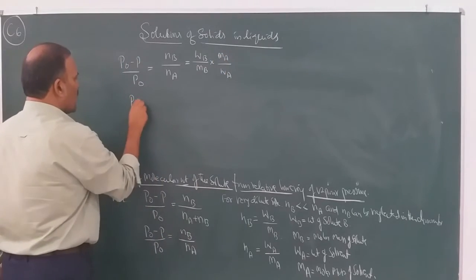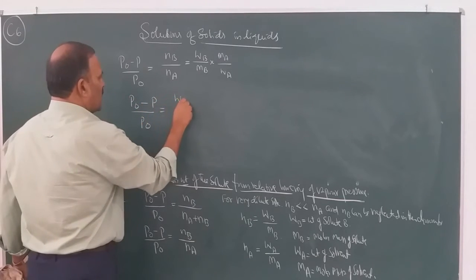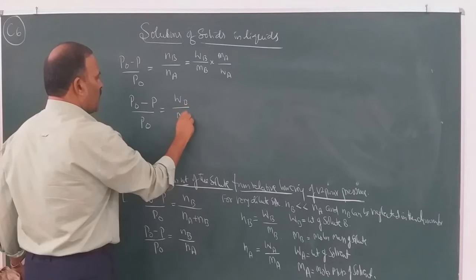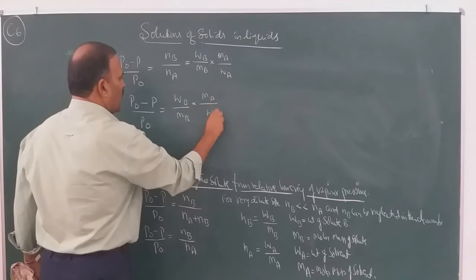That means P naught minus P by P naught equals Wb over Mb into Ma over Wa.